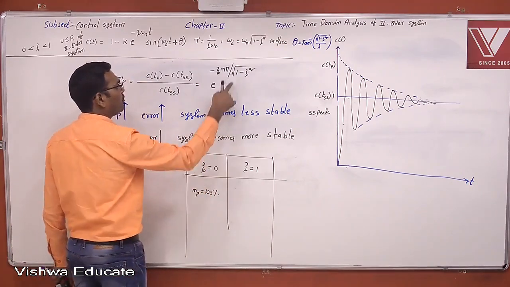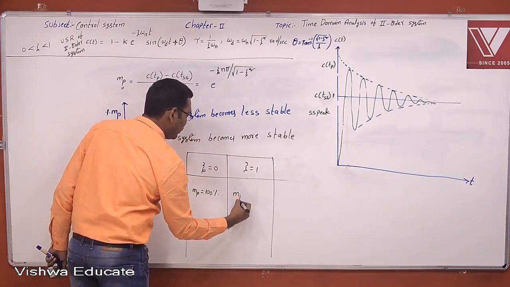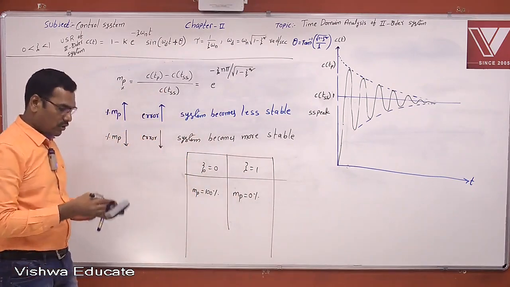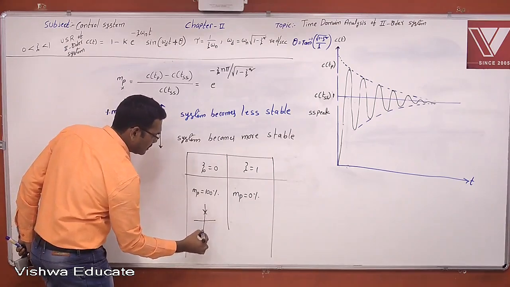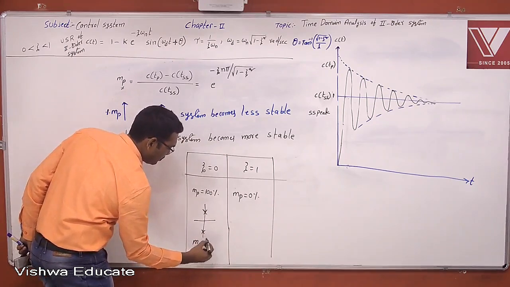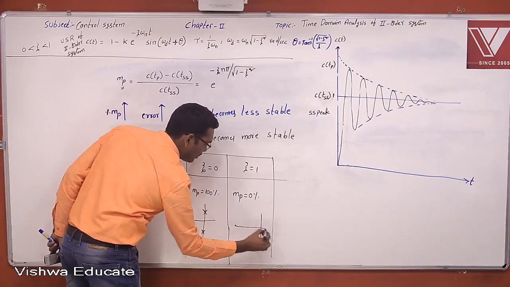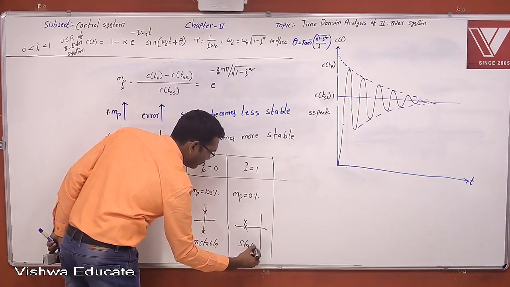When zeta equal to 1, 1 minus 1 is 0, something by 0, e power minus infinity, so peak overshoot is 0%. Now here poles are on the imaginary axis, the system is marginally stable. You know that. But when zeta equal to 1, the pole is completely on the left hand side, the system is stable.